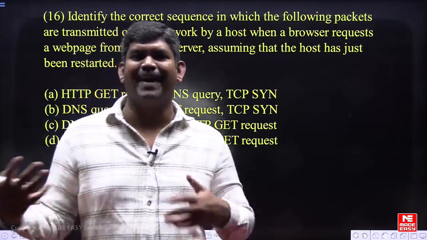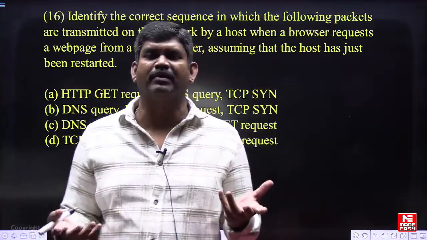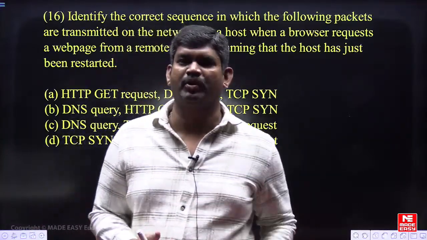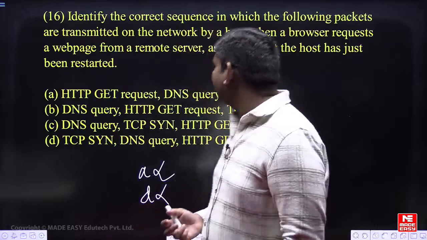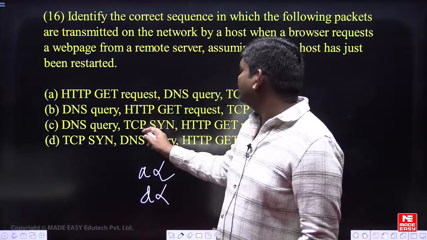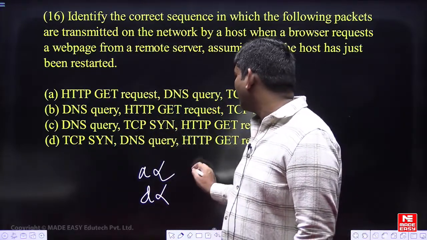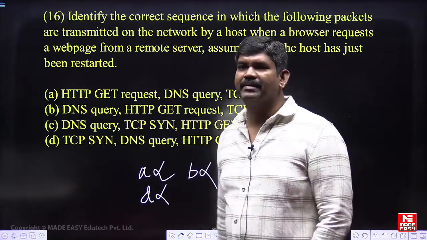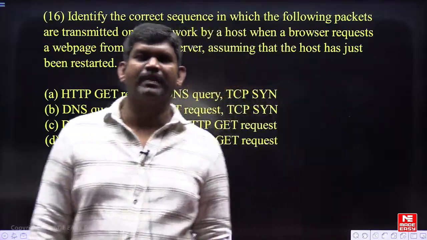It doesn't mean that the packets will follow the same path. Even the packets follow different paths. TCP is connection oriented virtually. So this gives a clear idea: the TCP SYN segment will come. Now you can eliminate B also, TCP SYN for the connection establishment virtually.